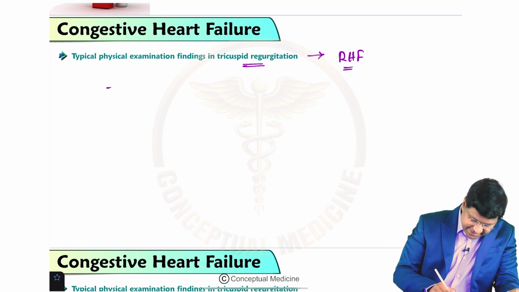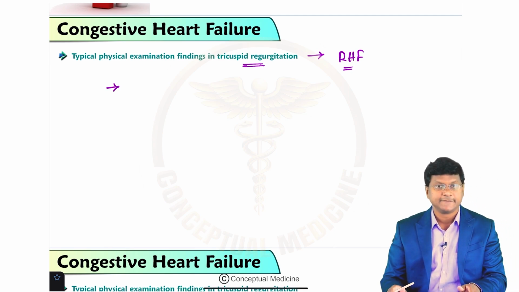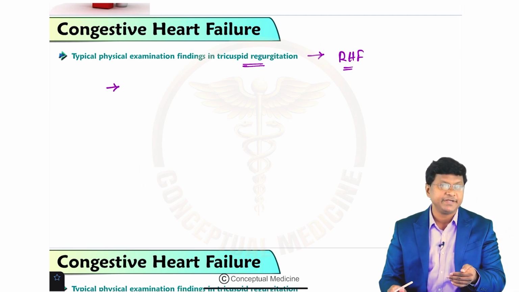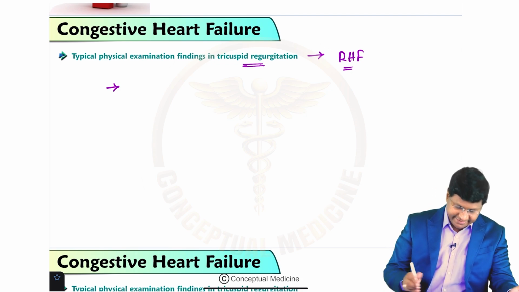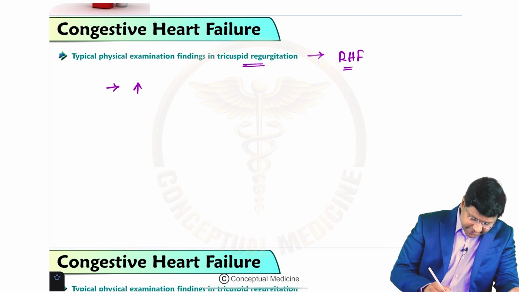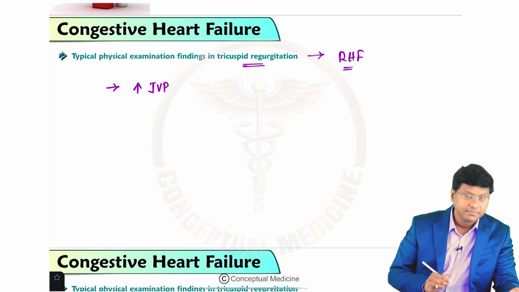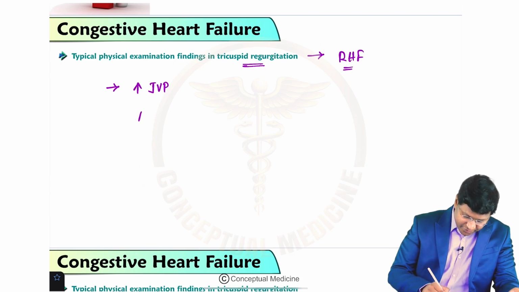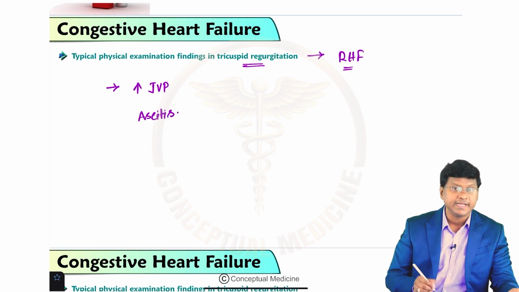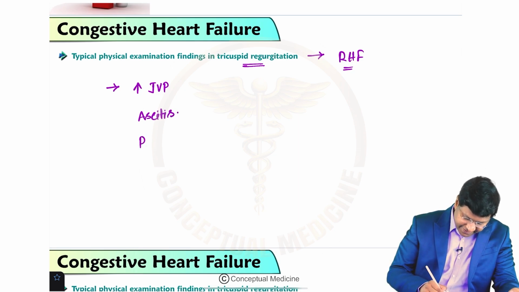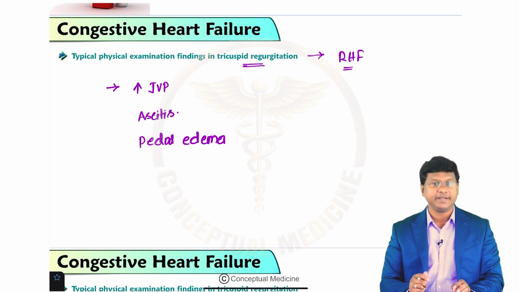So once there is development of right heart failure, there will be raised JVP, and there will be development of ascites, and pedal edema.